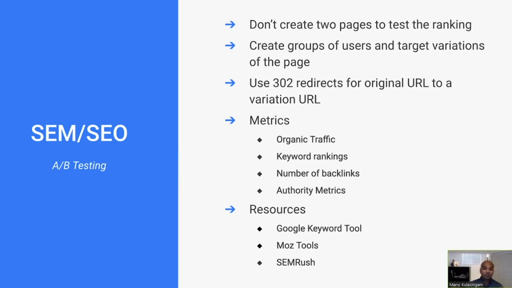Moz and SEMrush are really great tools as well. I would definitely pay attention to them. SEMrush will give you not just your SEO on the web, but it'll go into social and other mediums as well to give you a holistic view. So it's a good way to get a broader picture.